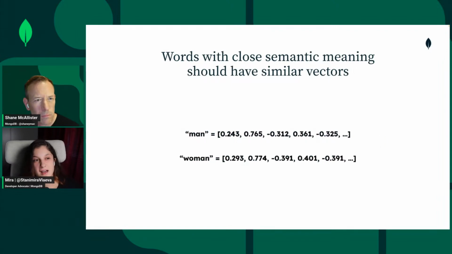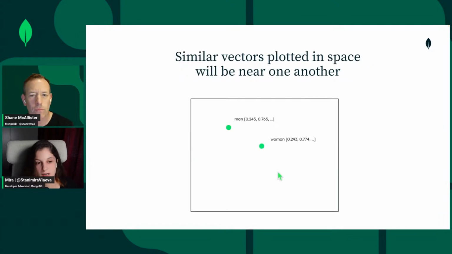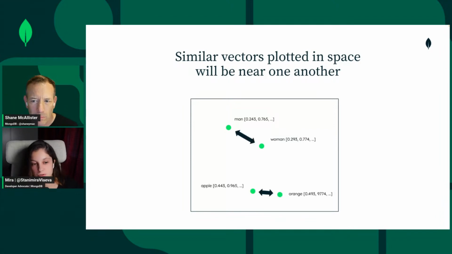The idea is that words that have close semantic meaning should have similar vectors. Now here we have these two texts, and they should produce similar vectors. In the sense that if we were to plot these multidimensional vectors in a multidimensional space, they will be closer to each other than to other vectors that are semantically distant.